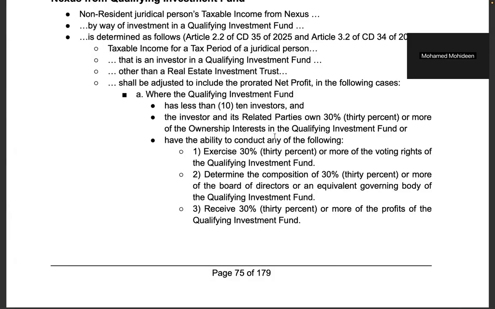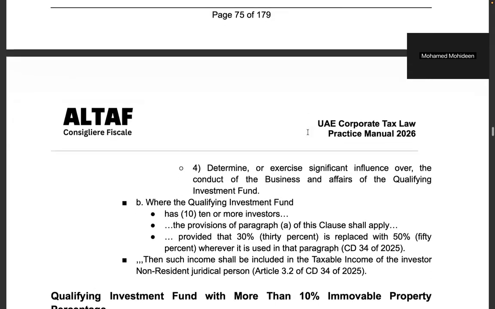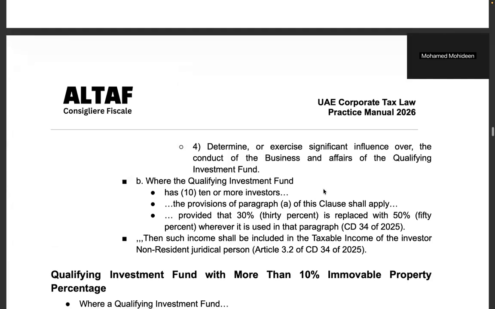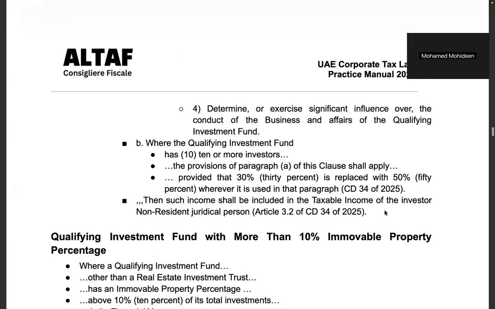They have to own or control 30% of the ownership. Only then will they include prorated net profit. Then such income shall be included in the taxable income of the investor, a non-resident juridical person. At 30% in the qualifying investment fund; if it is less than 30%, then it is not taxed.